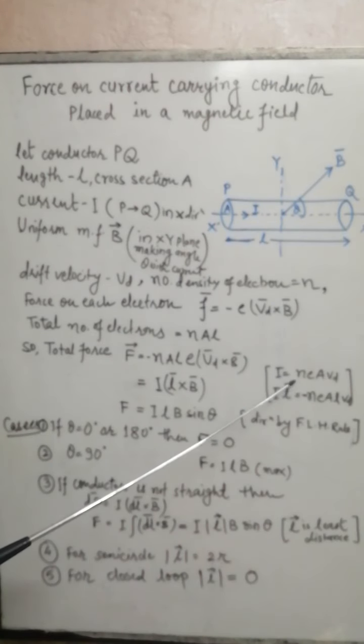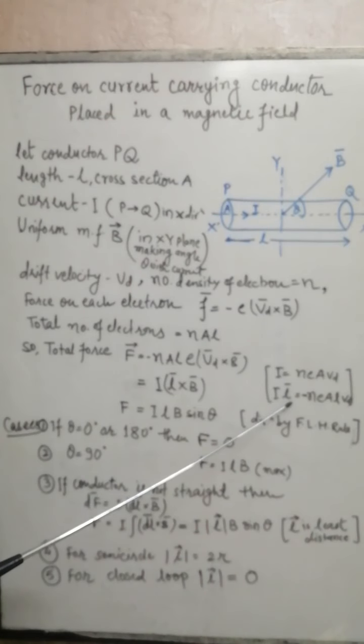Here we talk about a current element, a line element or a small length in the direction of current flowing. This is called current element and it is a vector quantity. When this I is multiplied with length L as a vector, in a particular direction, this becomes a vector quantity.